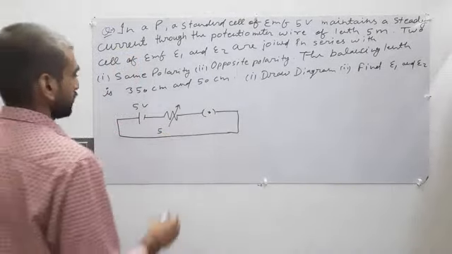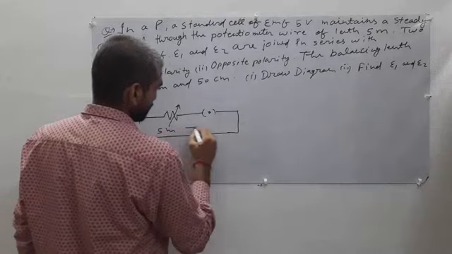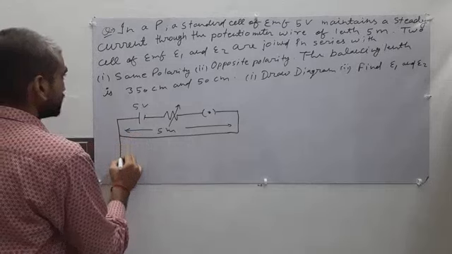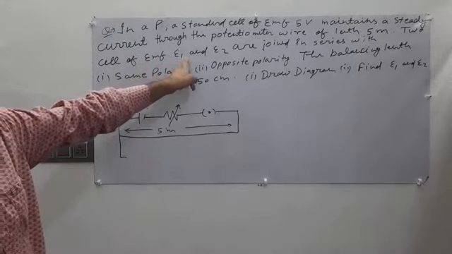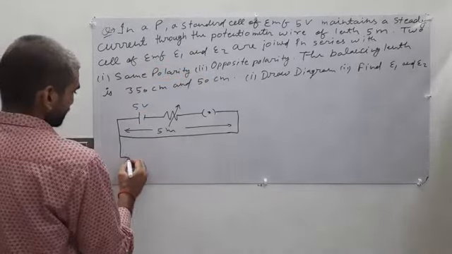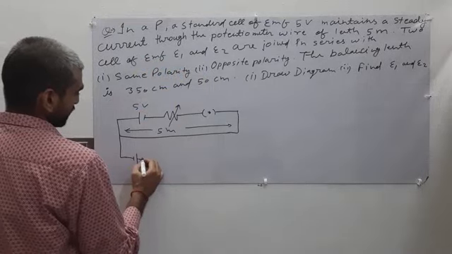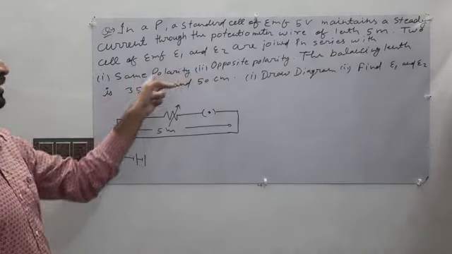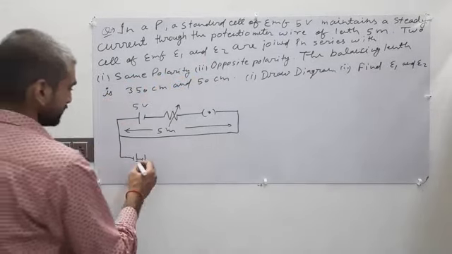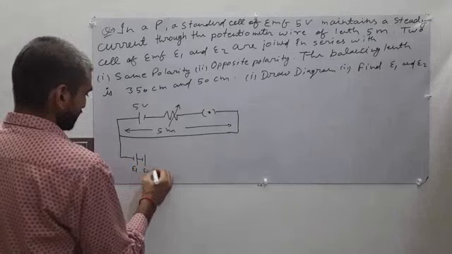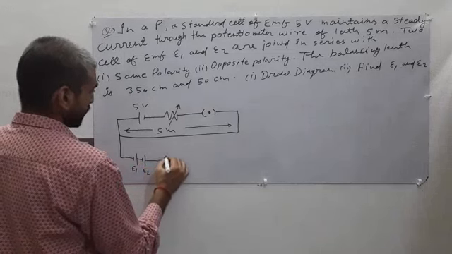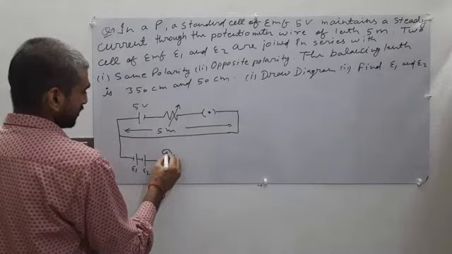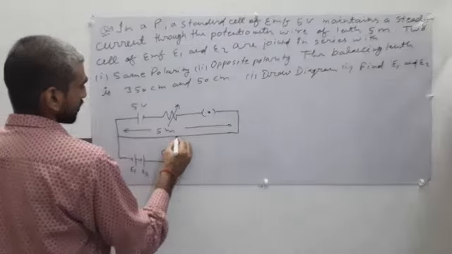Now the two cells E1 and E2, let us take case 1 when the polarity of the cells is the same. That means E1 and E2 are joined with the potentiometer with a galvanometer, with the help of a jockey.